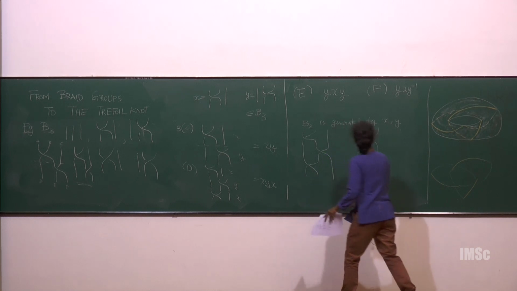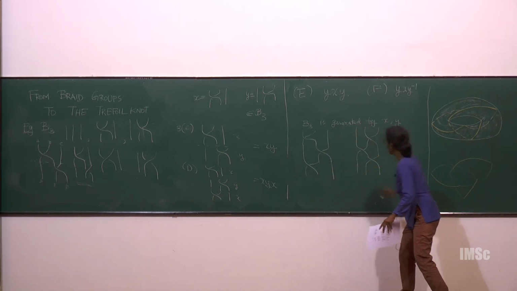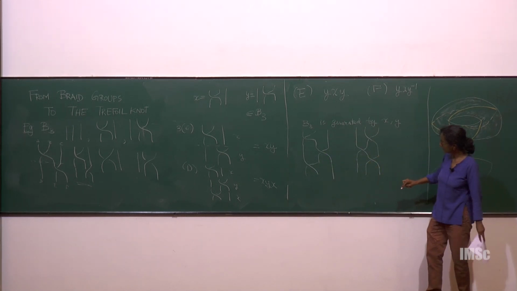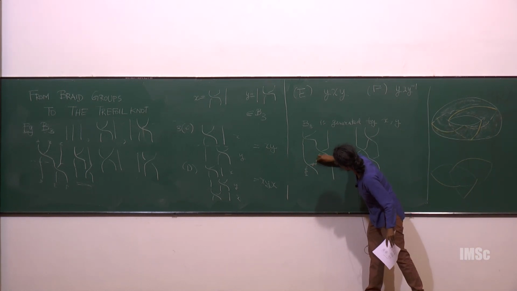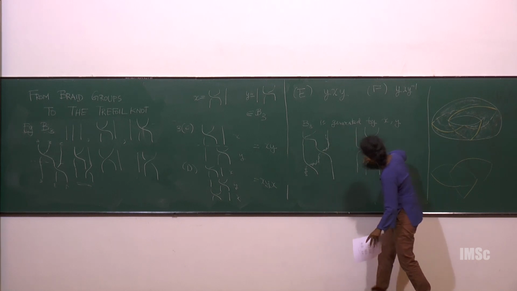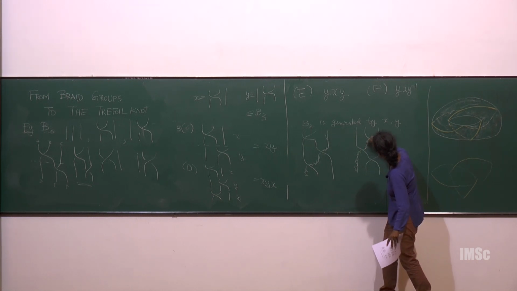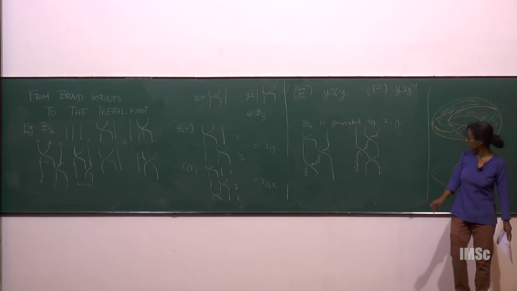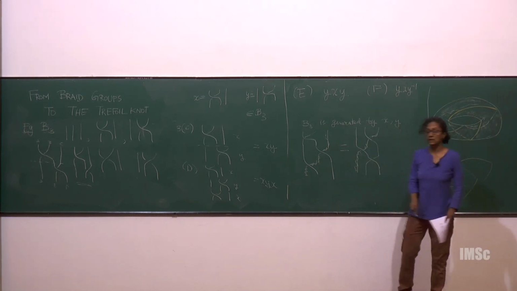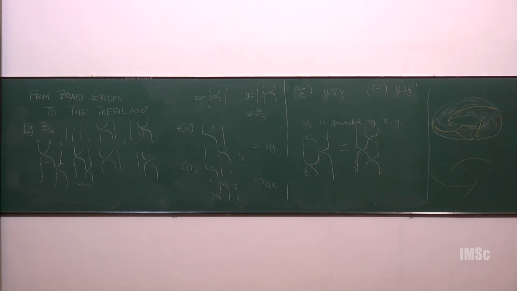Yeah, so this is an example we discussed earlier, and we saw that this strand here can be moved across the crossing to become this strand. We saw that these 2 things are the same. Do you remember from the beginning of the lecture?